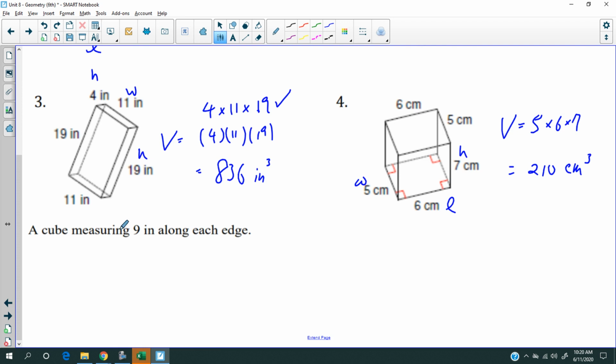Oh yeah, this question, I forgot to ask you guys this. A cube measuring 9 inches along each edge. So if I were to draw a cube, the technical definition of a cube is that every dimension is the same measurement.